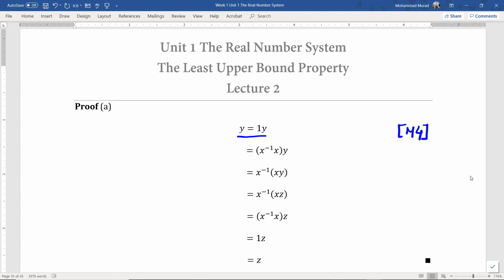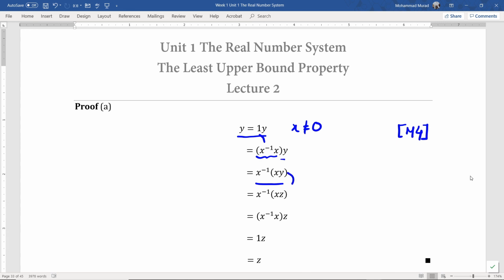Then 1 can be replaced by x inverse x. Since x is not equal to 0, we have the multiplicative inverse of x. And then by the associative law for multiplication, we can write the previous statement here as x inverse times xy.